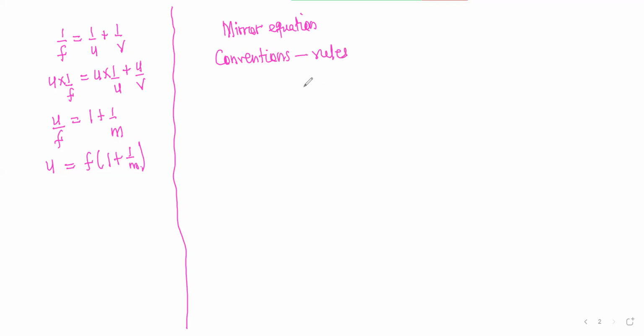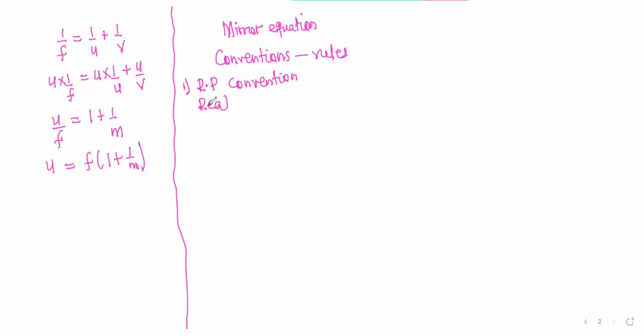These are rules that are used alongside the mirror formula. We have two main conventions. One, we have the RP convention. And RP means real is positive.